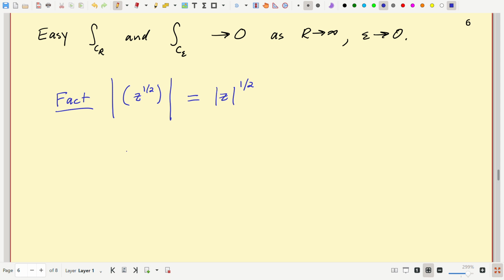That's true because I would have z to the 1/2 as e to the 1/2 of some branch of log, and that branch of log would always be natural log of mod z plus some angle.